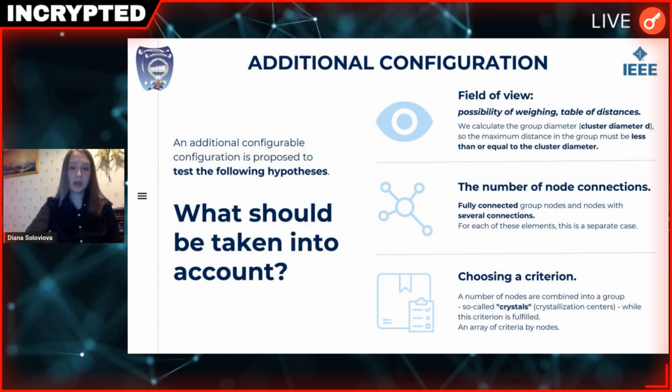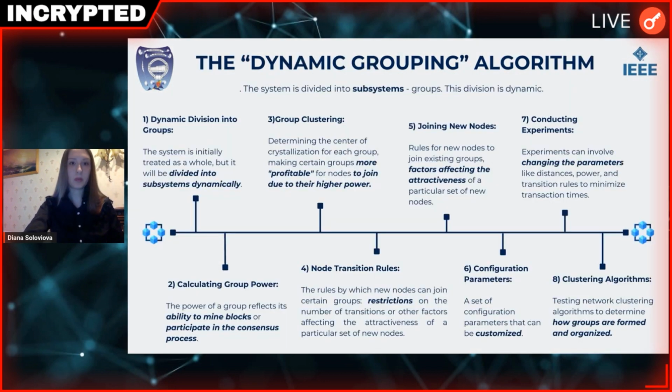Then, choosing a criterion. During the modeling, it's important to choose a criterion that should characterize our subgroups. A number of nodes are combined into groups, so-called crystals, while this criterion is fulfilled. And now let's speak about the dynamic grouping algorithm, which is the idea for solving the problem with proof of work.